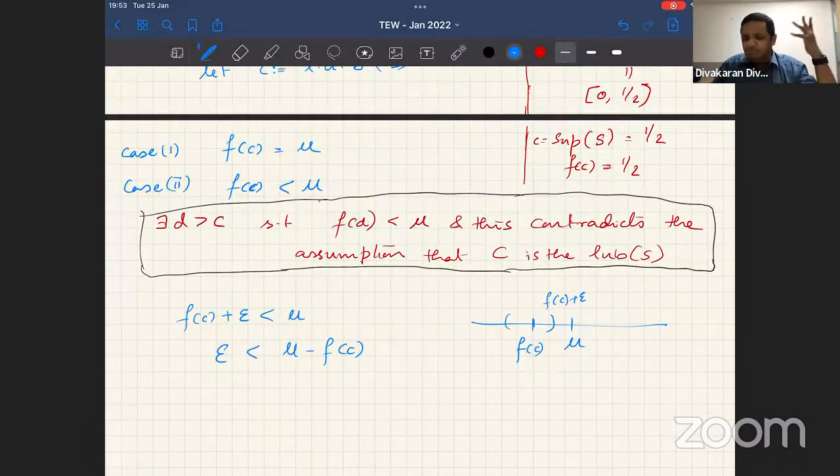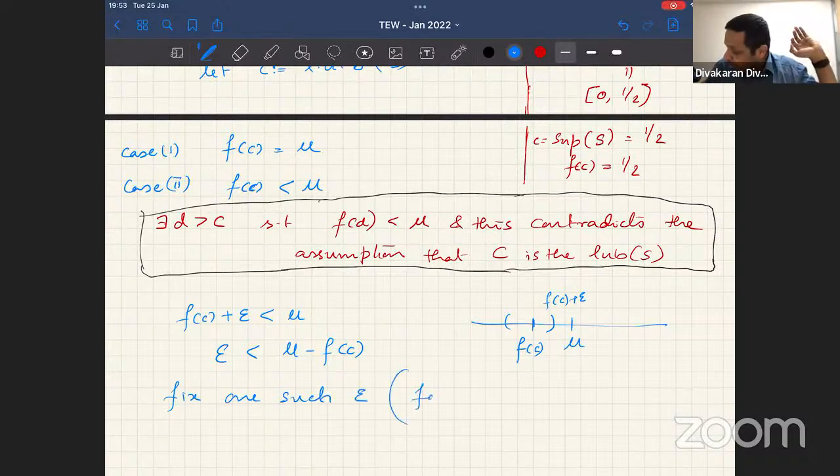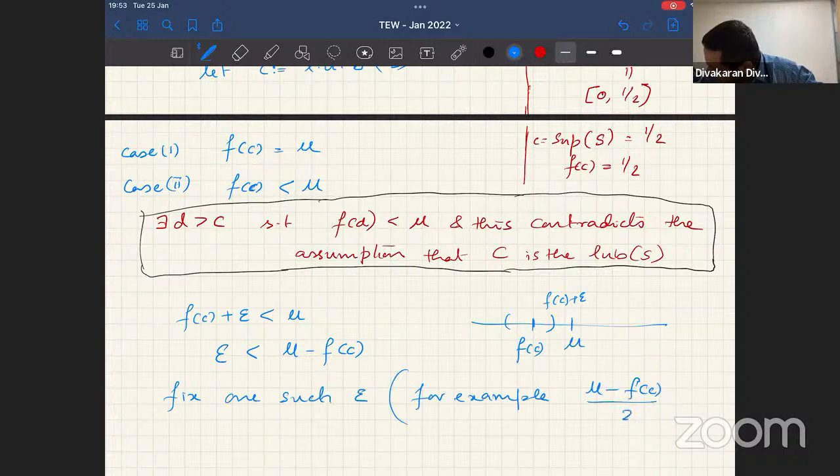So you have to fix some epsilon such that epsilon is less than mu minus f of C. So fix one such epsilon. If you want to be precise, for example, one such example is (mu minus f of C) divided by 2.